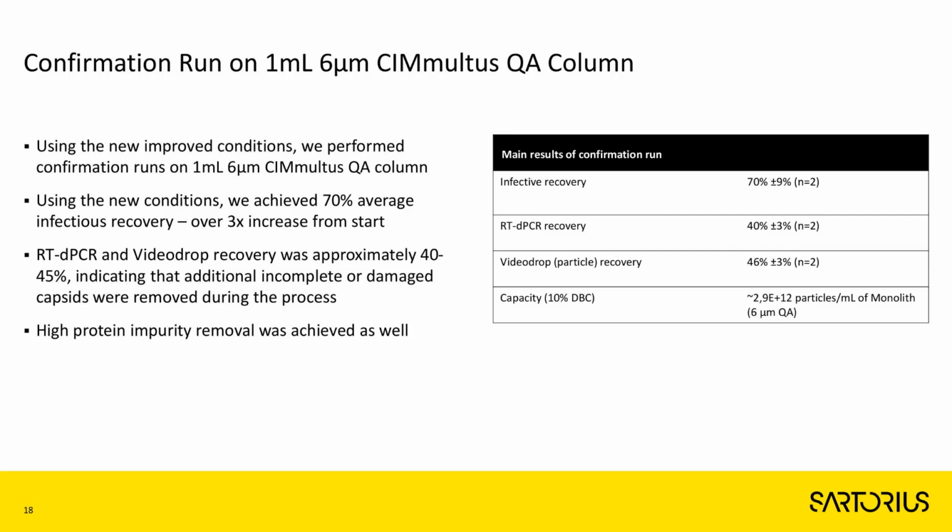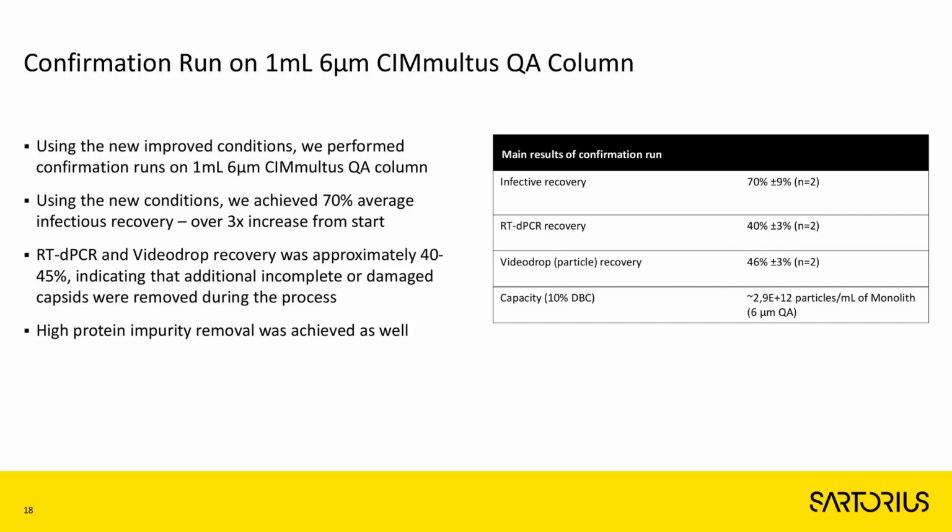We also performed some additional analysis, such as RT-PCR and particle recovery, and we observed 40 or 46% average recovery with the 2 analytics, which actually indicates that during the process, we also removed some additional incomplete or damaged capsids, while still retaining the majority of the infective virus.